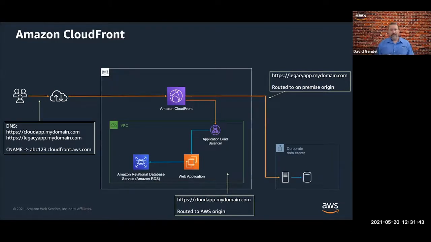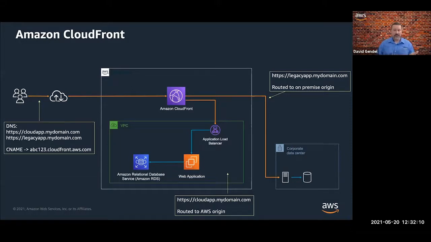So let's go ahead and walk through this diagram. In this diagram, you see the end users of your applications on the left, and they're using the URL of your application just as they always would. For example, and we have two examples here in this diagram, cloudapp.mydomain.com and legacyapp.mydomain.com. Both of these are DNS records. They're CNAMEs that are pointing to your CloudFront distribution.